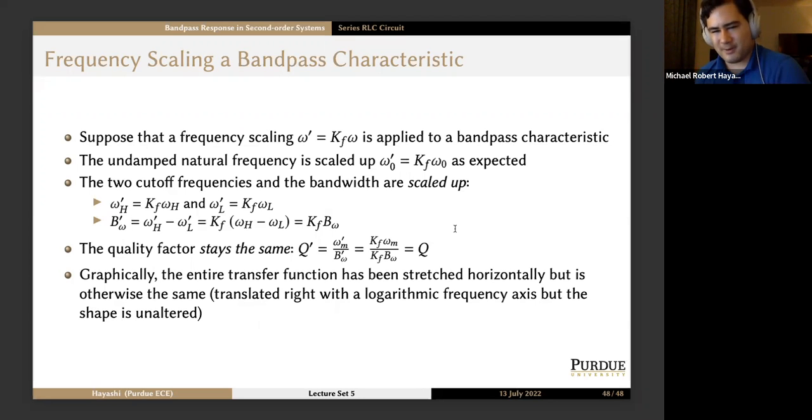On a logarithmic frequency axis, stretching out is just the same thing as translating the whole thing right. And the shape will be completely unaltered on a log-log type plot. So this is a huge deal.